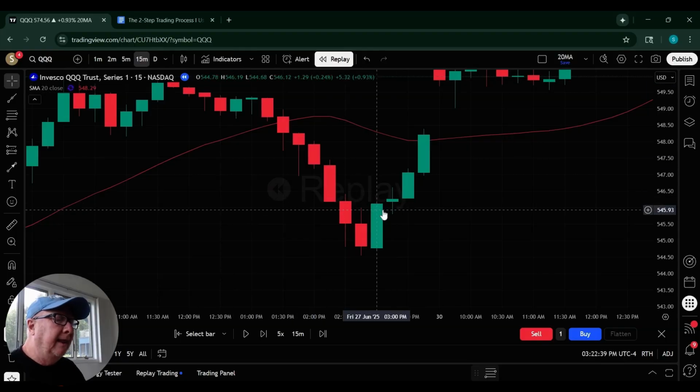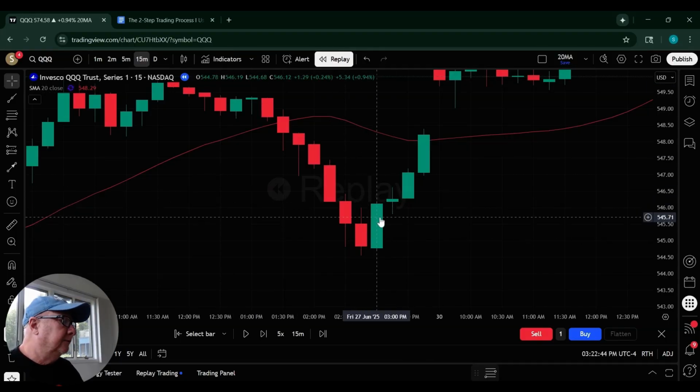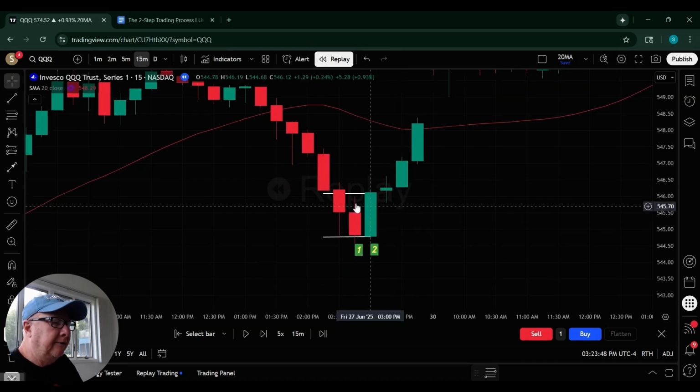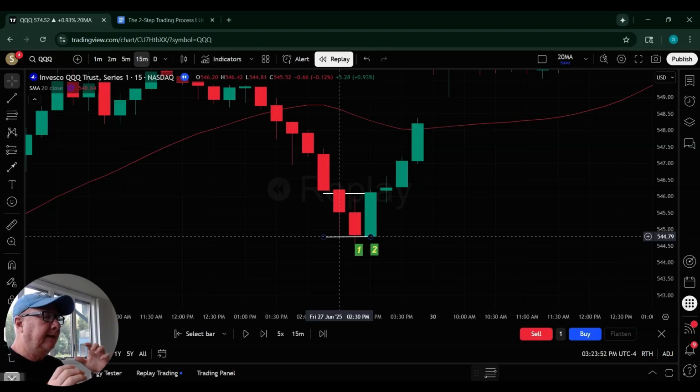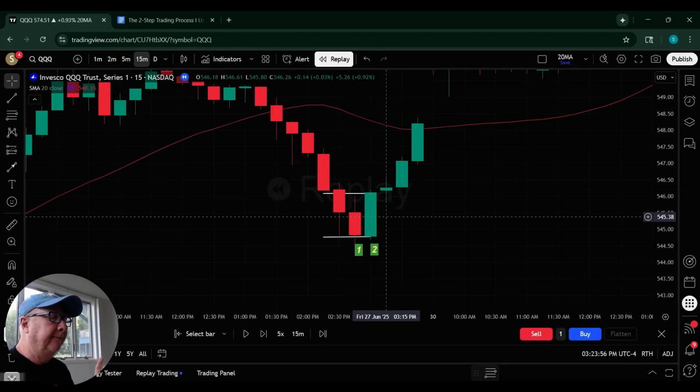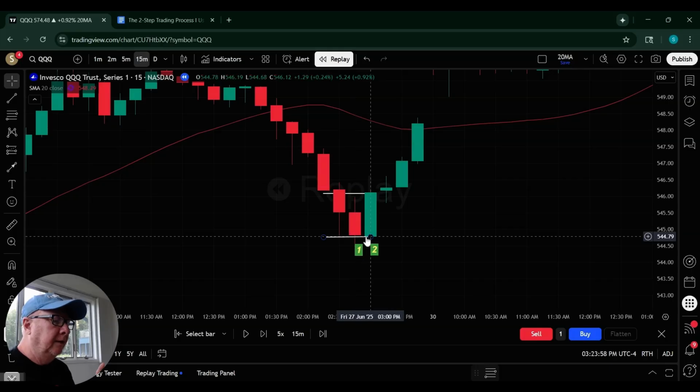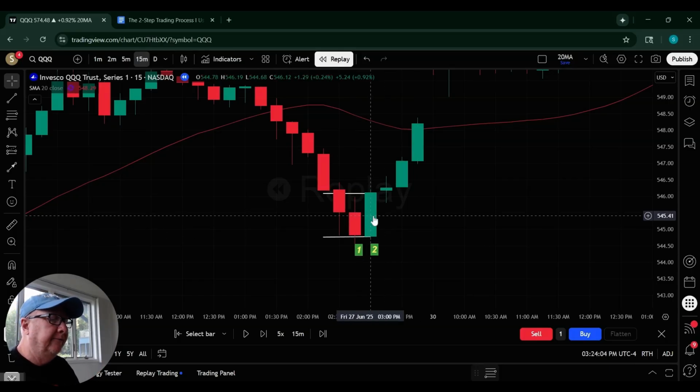This is the classic bullish engulfing pattern. And you'll see that the second candle in this pattern engulfs or completely encloses the first candle. What we're looking for is that second candle to engulf or enclose the body of the first candle.